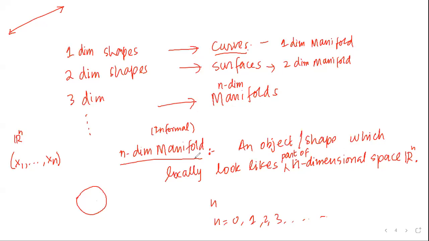So similarly, since it looks like a plane, which is a two-dimensional object, we can say that it is a two-dimensional object, and the sphere is sitting inside R3, a three-dimensional space. If anything is sitting inside a three-dimensional space, it doesn't mean that it is a three-dimensional thing. For example, points are sitting inside R3, but we do not say that a point is a three-dimensional object.